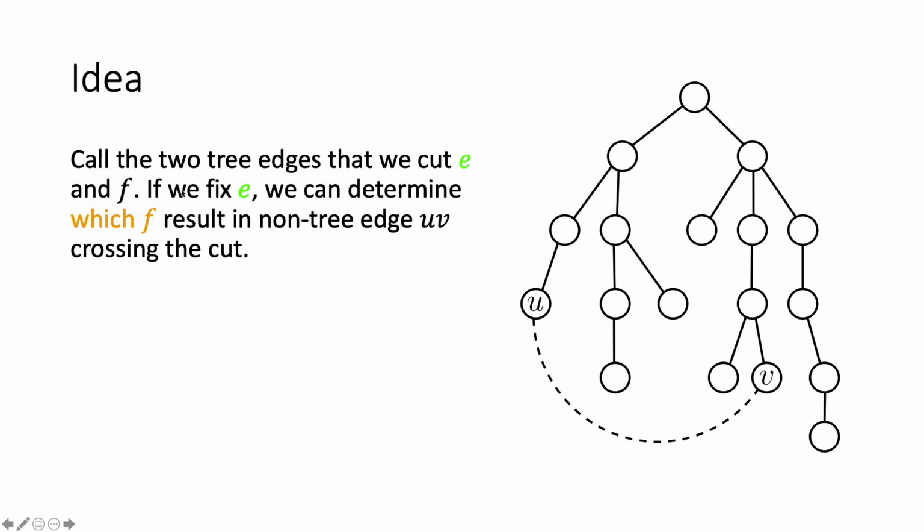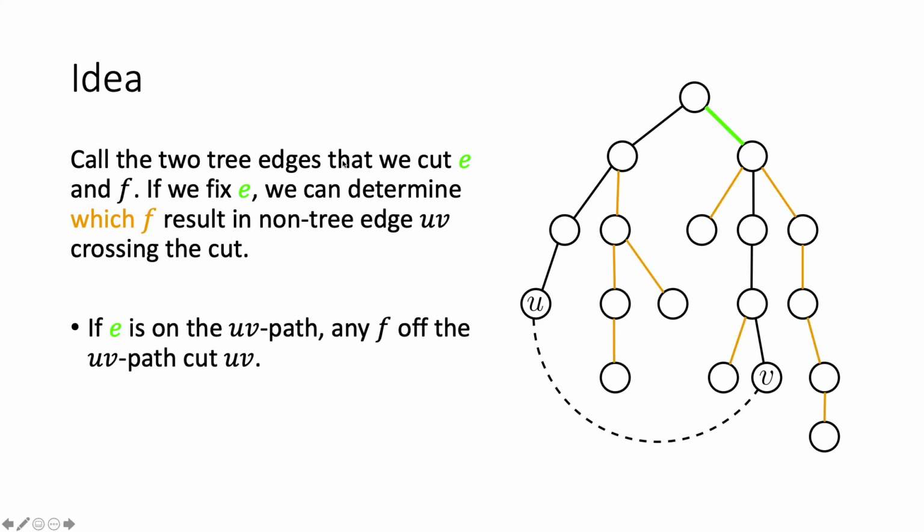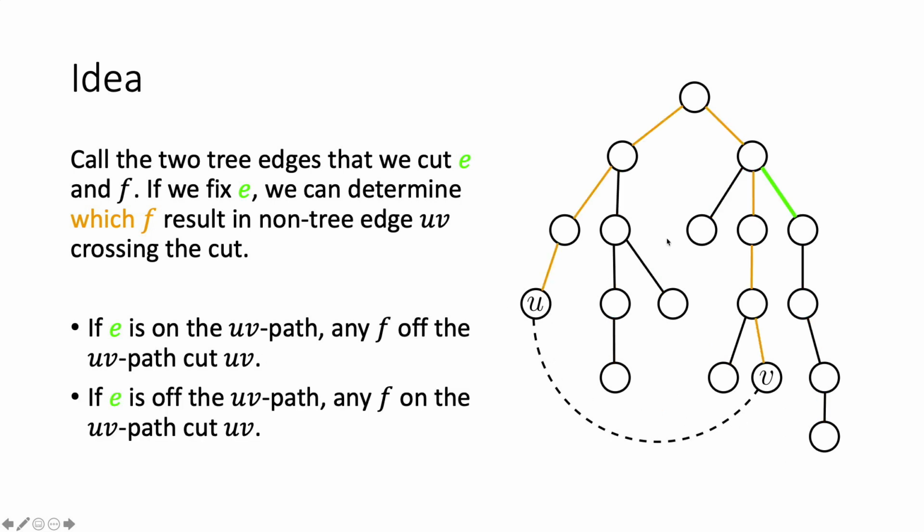All right, so let's go ahead and call the 2 tree edges that we cut E and F. If we fix E, we can determine which F result in non-tree edge UV crossing the cut. In particular, if E is on the UV path, then any F off the UV path is going to result in UV being cut. Similarly, if edge E is off the UV path, then any F on the UV path will cut UV.